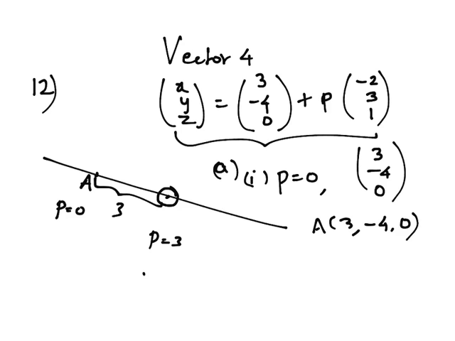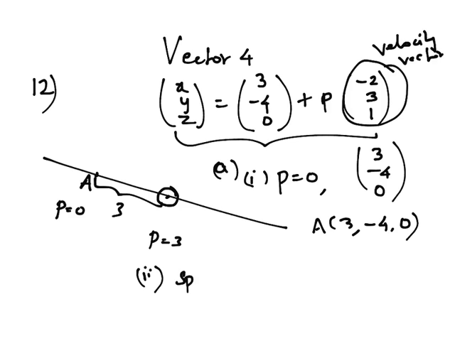And the second question is, find the speed of the airplane. Now this is the velocity vector of the toy airplane, and we know that speed is the magnitude of velocity. So speed is the square root of 4 plus 9 plus 1, which is nothing but the square root of 14.